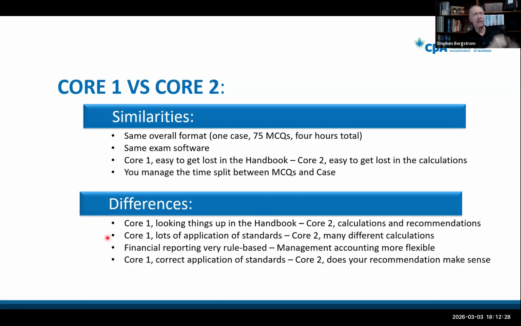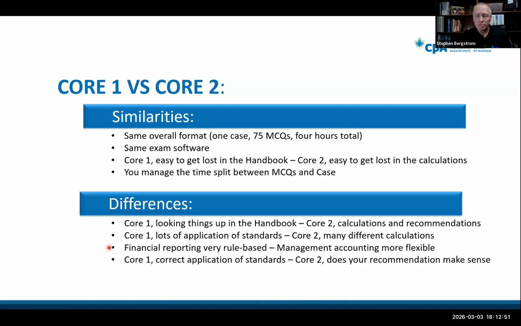ASPE 3400 says, bing, bing, bing, that's it. In Core 2, there's so many calculations. Which one do I choose? Which is the right calculation for this particular situation? So it's recognizing what calculation you need to do in which scenario.